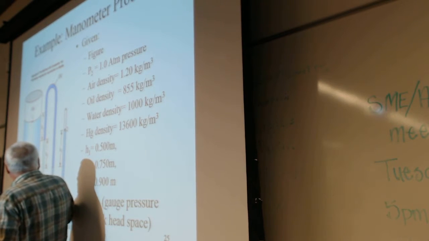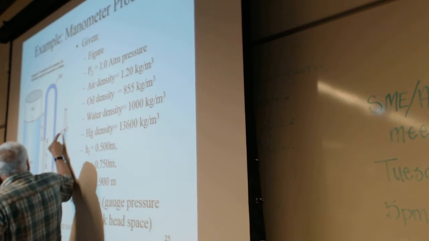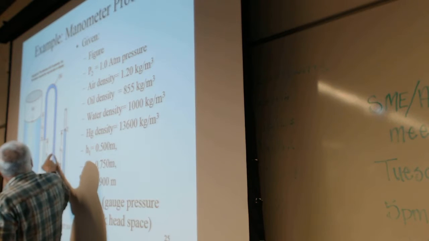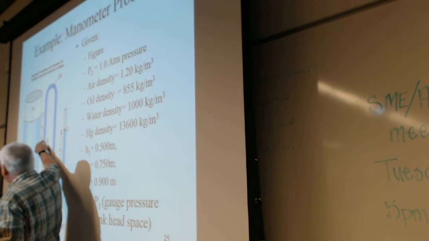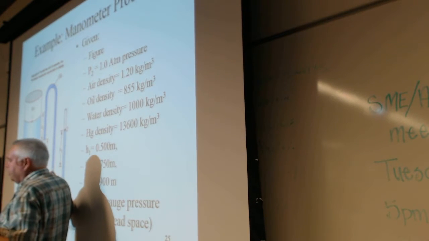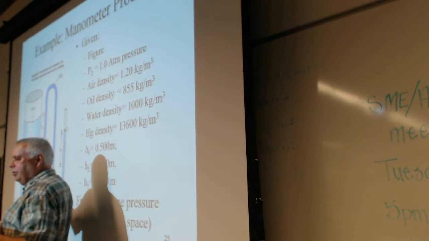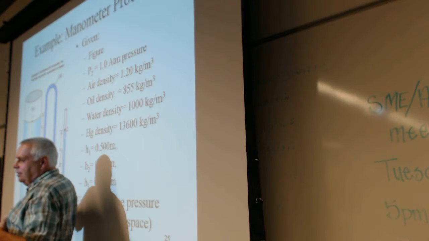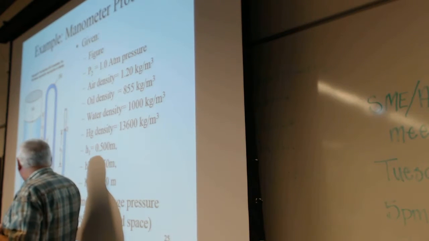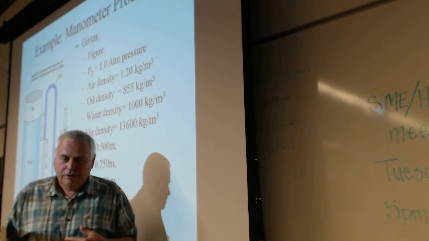It's open to the atmosphere here, but we're isolating it with some oil that doesn't absorb water and doesn't absorb mercury. That's essentially the context for why you do that, although these days you don't use mercury for anything because it's a neurotoxin.